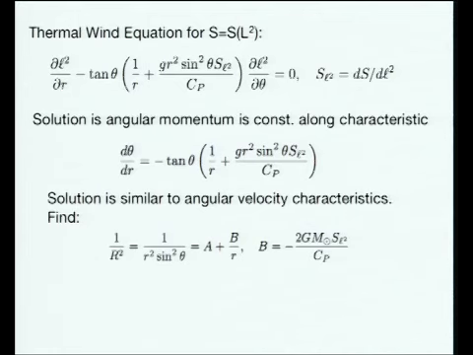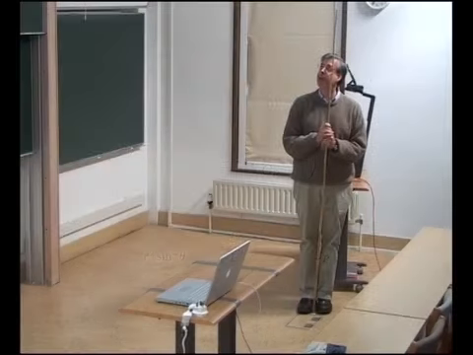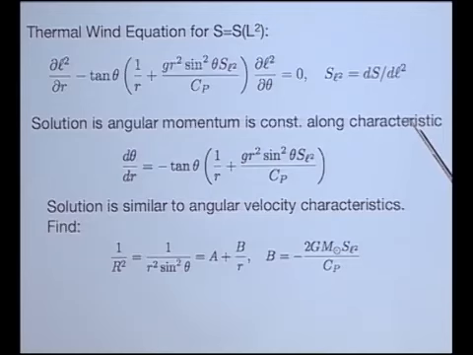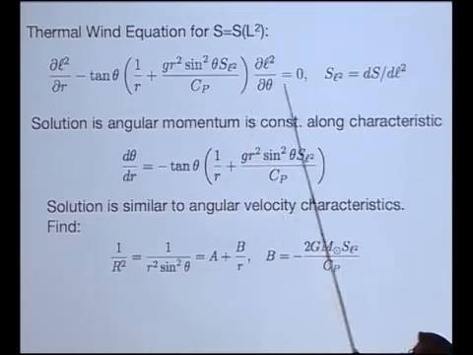One can also play the same game, just as a point of comparison. Let's assume, just as a mathematical exercise for the moment, that surfaces of constant entropy and surfaces of constant angular momentum, rather than angular velocity, coincided. Then it is possible to play exactly the same type of game.